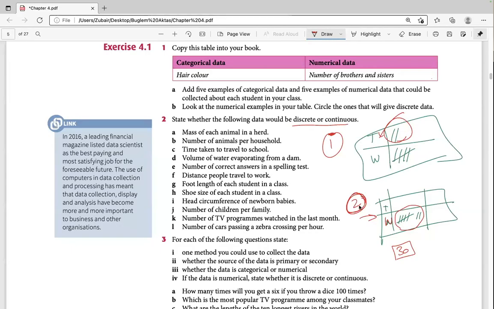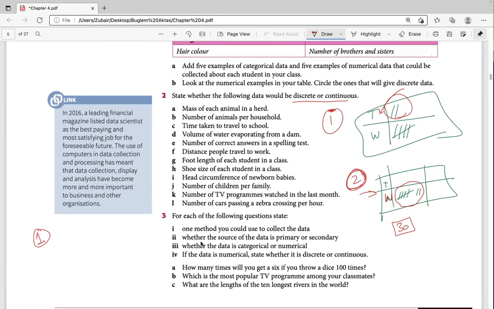So when we are talking about these two options, it has to be discrete because we are talking about the number of people. If I ask you, what do you prefer? That would be a discrete, solid one answer. I cannot say 0.6 of Balam considers this and 0.4 of Balam considers this. I can't say that. So that has to be discrete data.